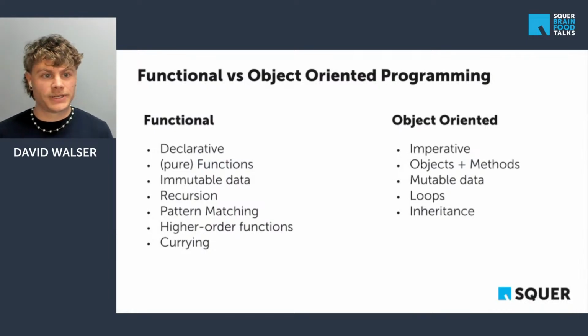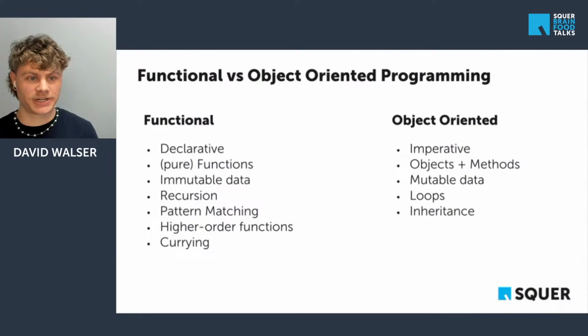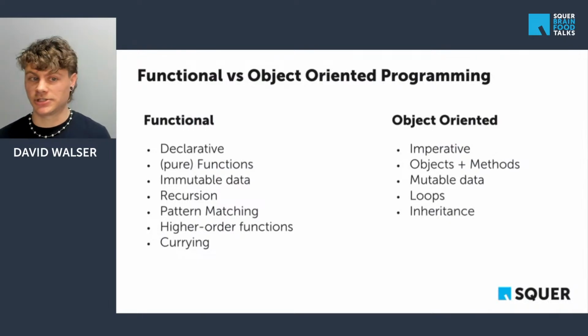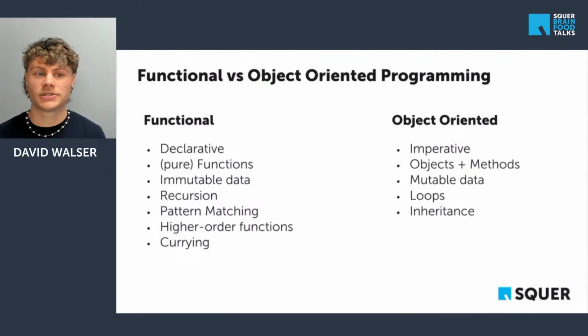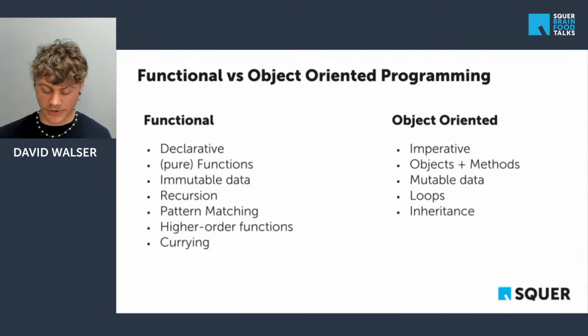To compare functional versus object-oriented programming, as already said, functional is declarative, object-oriented is imperative. Object-oriented deals with objects and methods, with mutable data, having loops and inheritance. On the functional side, we deal with functions and we want to have them as pure as possible.